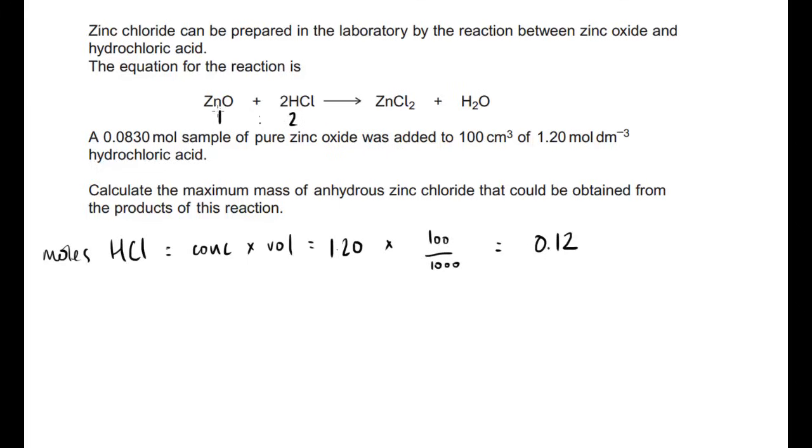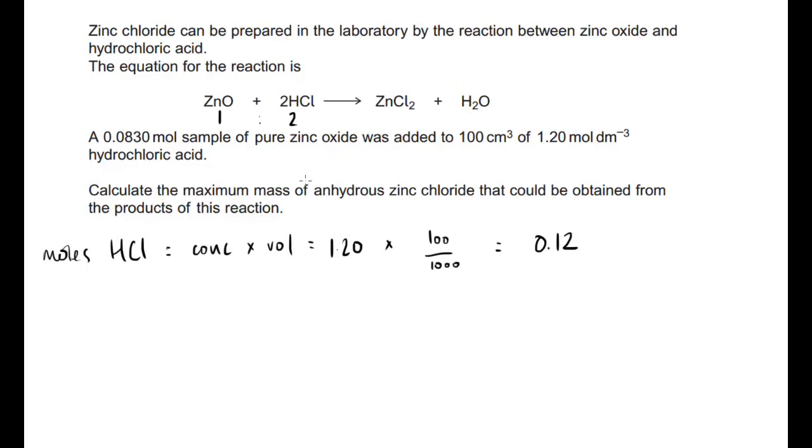Therefore it would react with 0.06 moles of this. Whereas I have 0.0830. So I have an excess of zinc oxide in this case. I have too much zinc oxide for acid. So the acid, if you like, is the limiting factor. It is limiting how much we can produce of the zinc chloride and of the water.